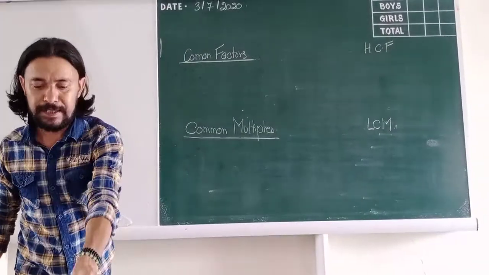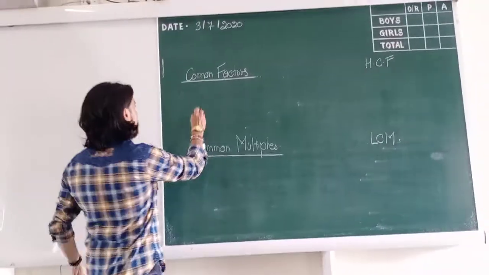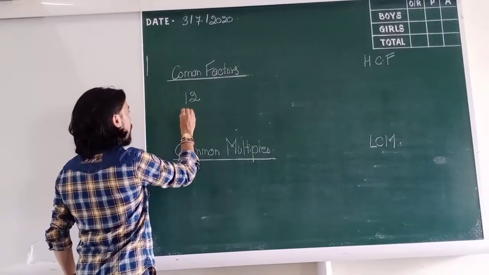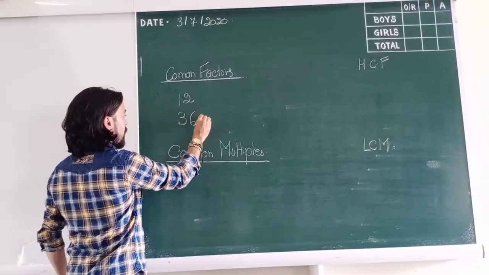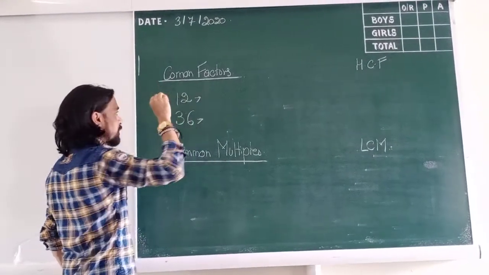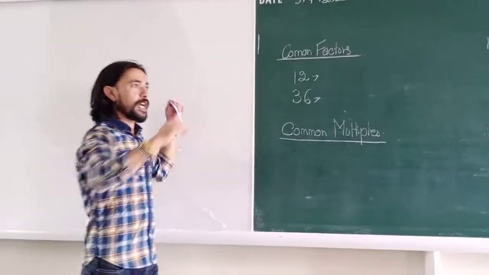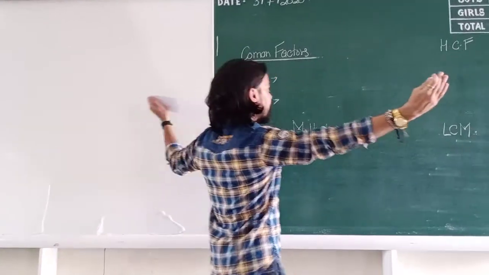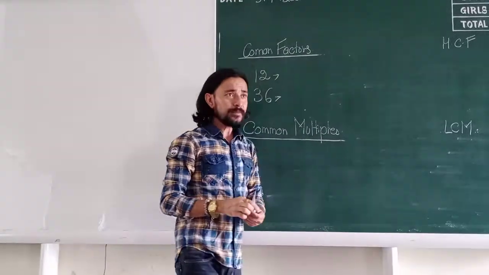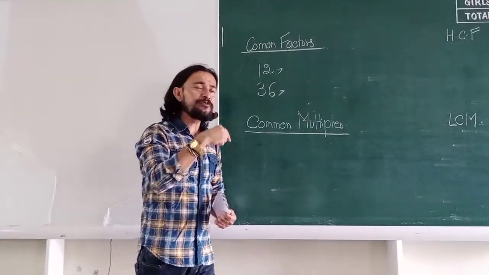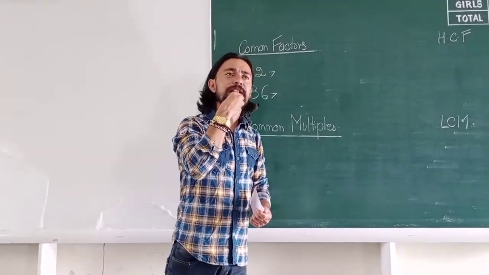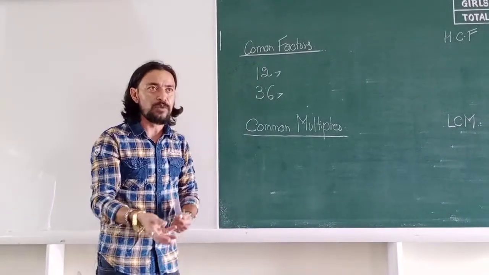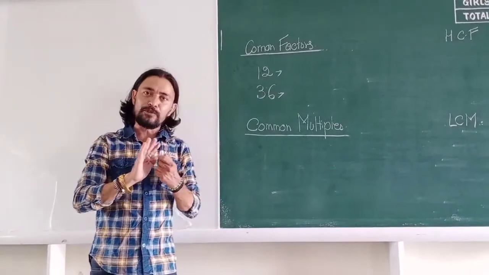Now let's take an example. Suppose I take two numbers. I take number 12 and I take number 36. I already taught you how to find the factors. You start on either end and come towards the center. And the rule states that if the next number that comes to your mind or you say it out, it's already there, that means you found all the factors.